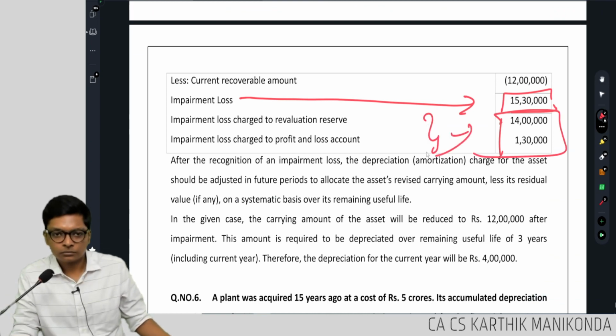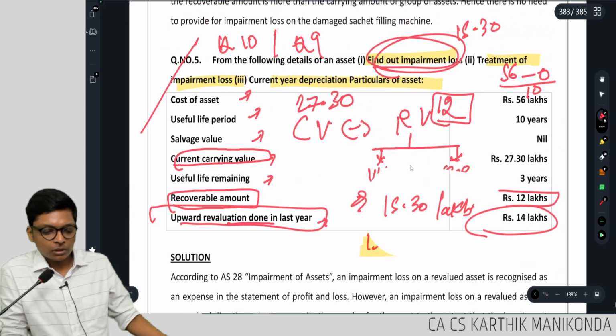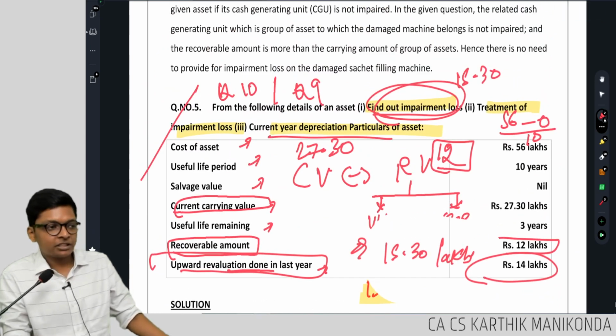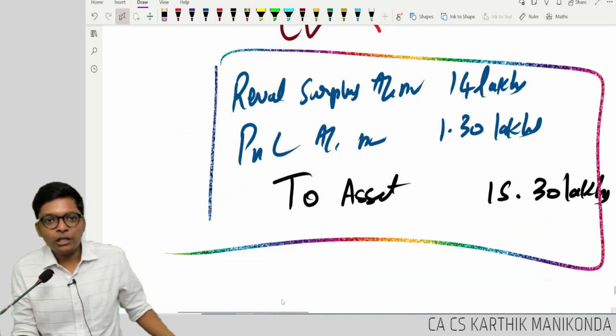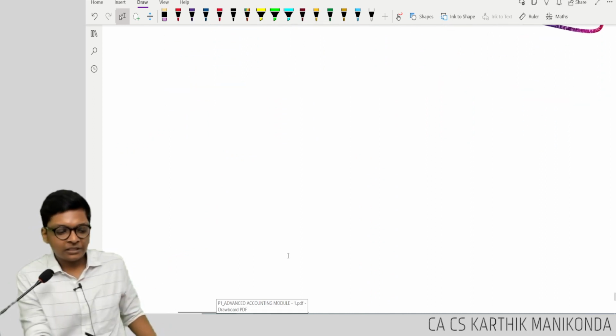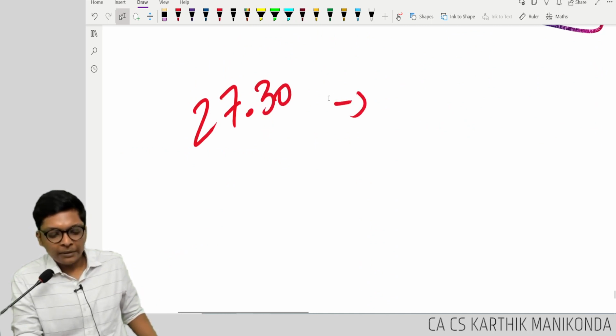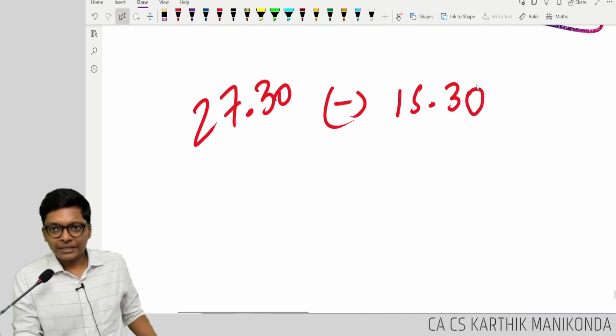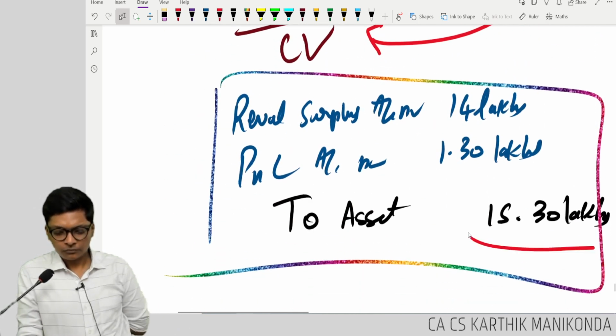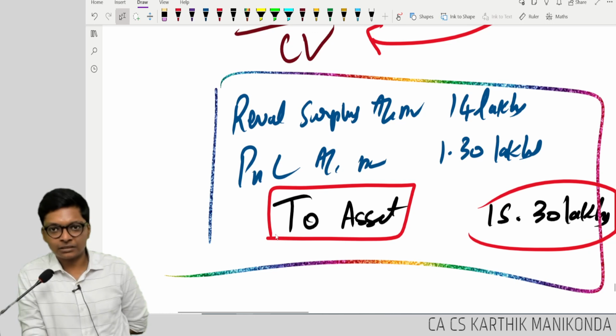Are you following? Sum is not yet over. Current year depreciation. What is the value of the asset after impairment? Let's find out. Before impairment, it was 27.30. Impairment minus 15.3. That only you found here. See, you credited the asset by how much, guys? 15.